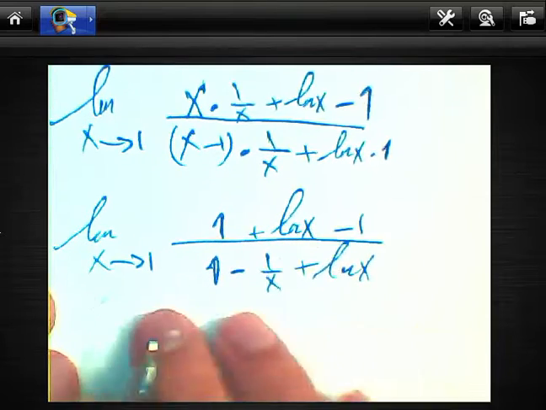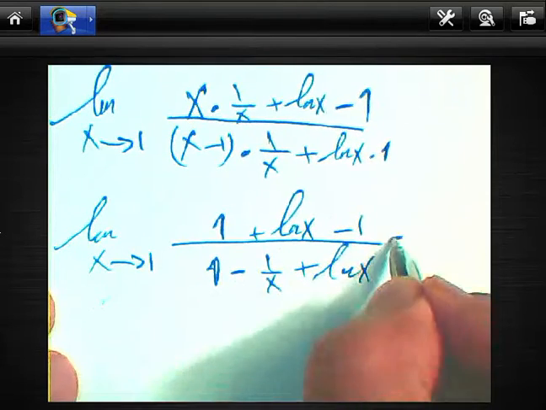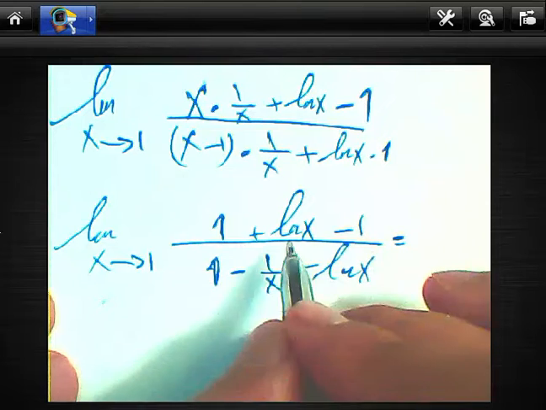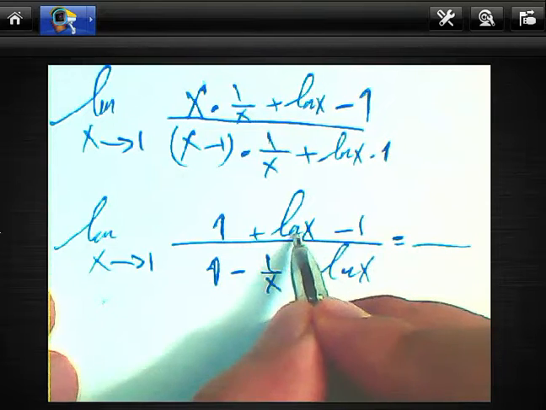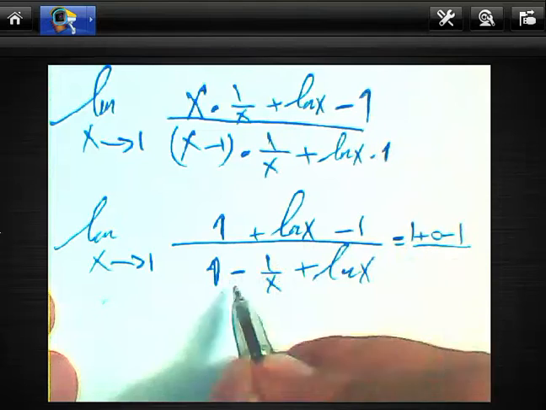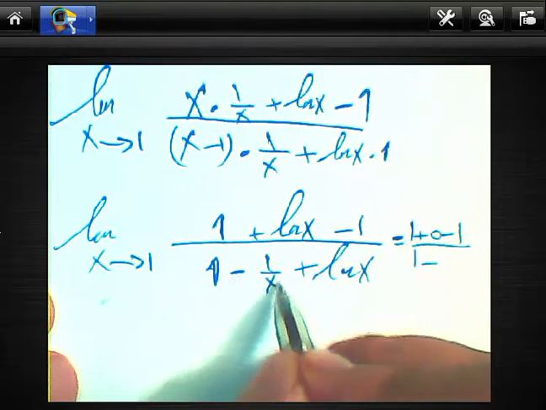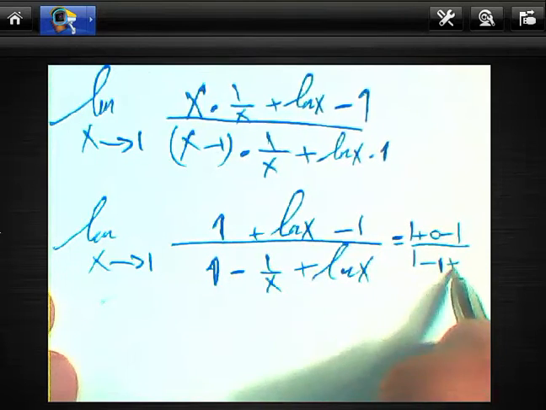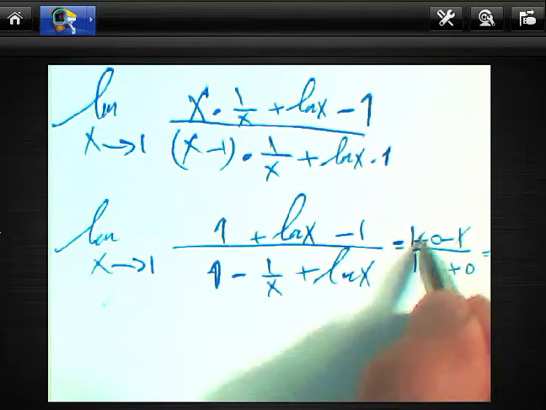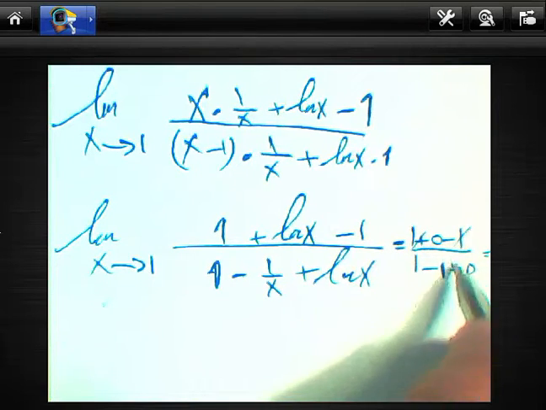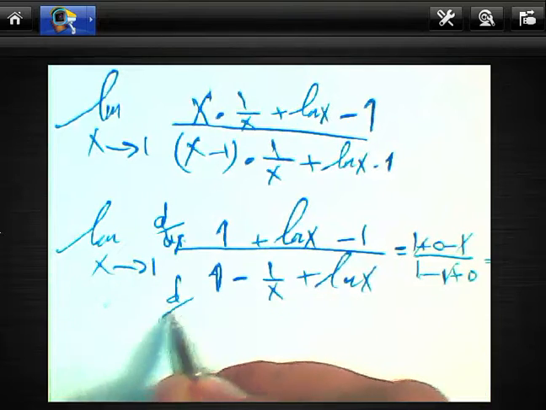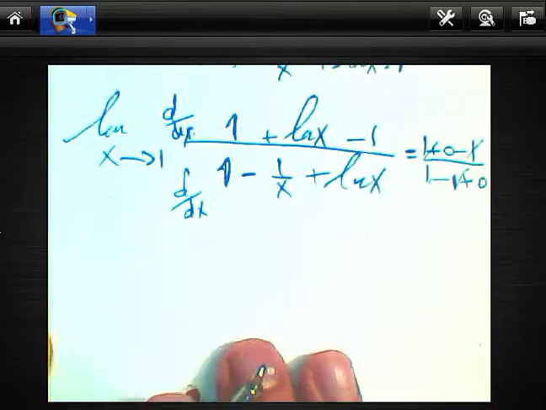Here we can put 1 in this example to find the result. 1 minus 1 equals 0, and ln 1 is 0, so 1 plus 0 minus 1 over 1 minus 1. So the result will be 0 over 0, because in the numerator we have 0 and in the denominator we have 0. So we must find the derivative again of the numerator, okay, and the denominator.